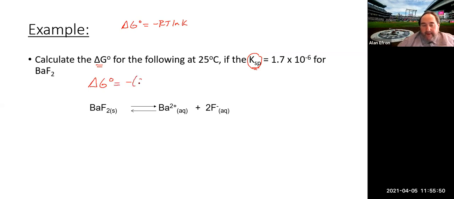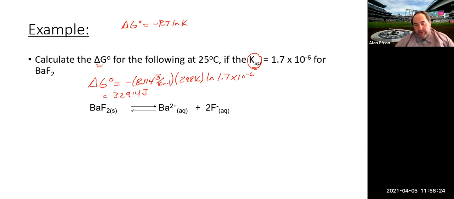So we're going to get our gas constant. We're going to take our temperature, again converting it to Kelvin, natural log of our KSP, which is 1.7 times 10 to the minus 6. And going across there, that ends up getting us 32,914.